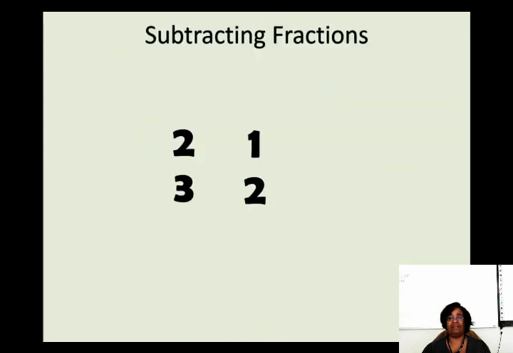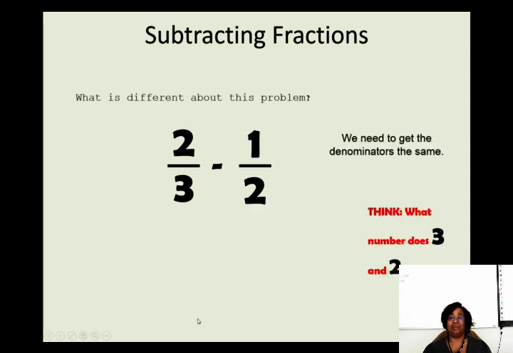So if I have 2/3 and I'm subtracting 1/2, what's my LCD? For 3 and 2, what's the LCD? 6. So I need to raise both fractions to 6. So here I'm going to multiply by 2 to get 6 on the bottom. And here I'm going to multiply by 3 to get 6 on the bottom.